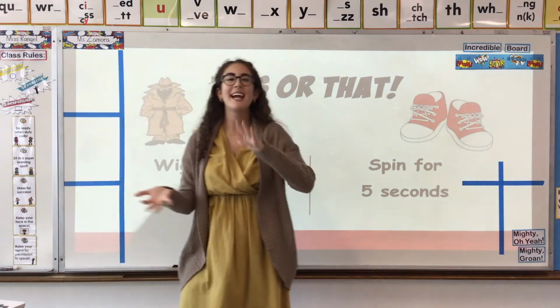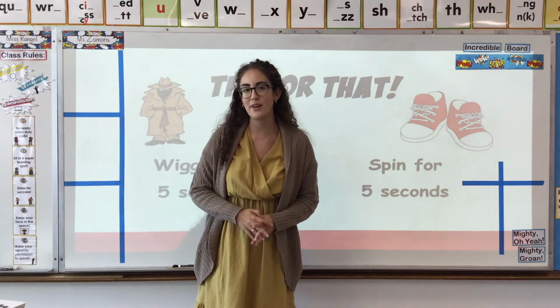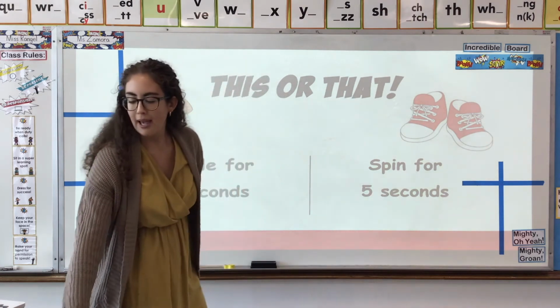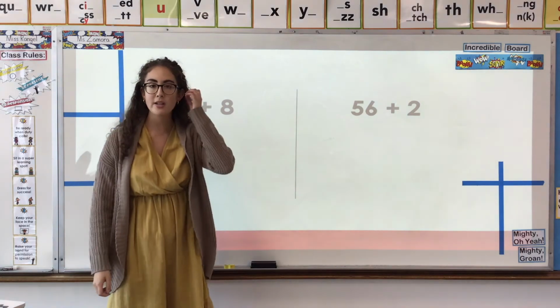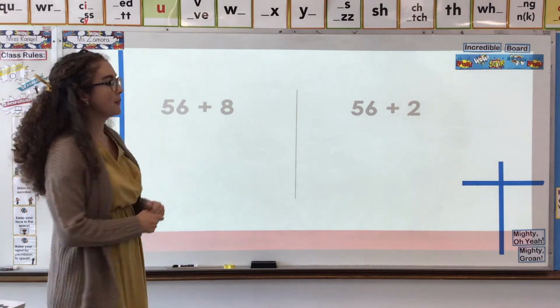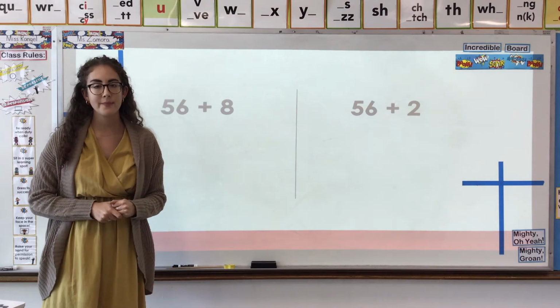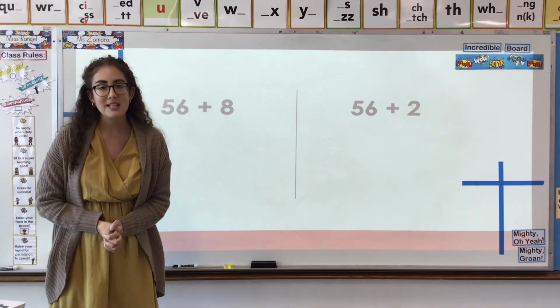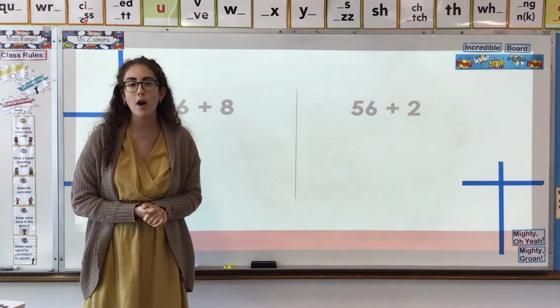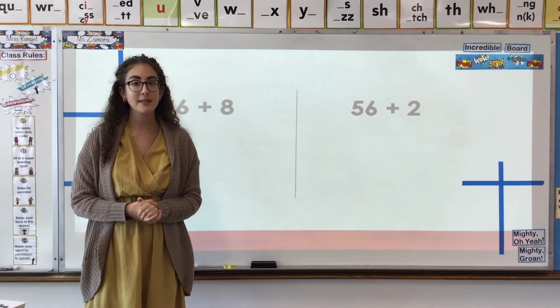And now everyone can sit back down in their nice seats and get your whiteboard back out. And we're going to compare some equations. So, what we see up here are two addition sets. One of them we can solve with our place value knowledge. The other one we can solve using a 10 plus fact.